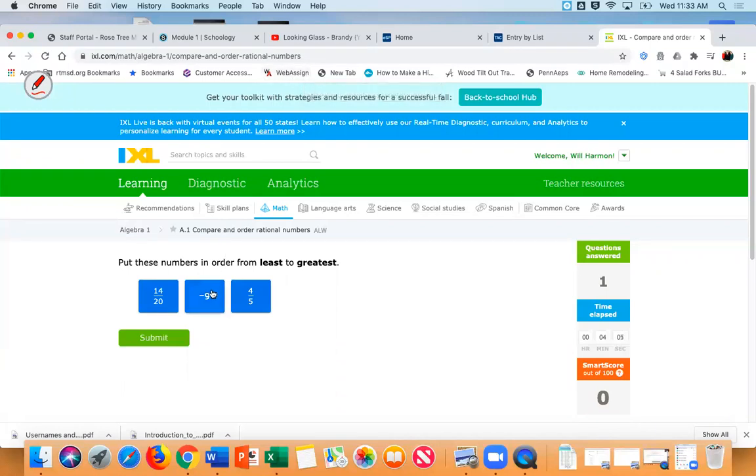-9 is first. And then 4/5, and then 14 over 20. Now, how do you know 4/5 is smaller than 14 over 20? So this is what we got to do. Now, everybody has a computer, right? So there's a couple things we can do.